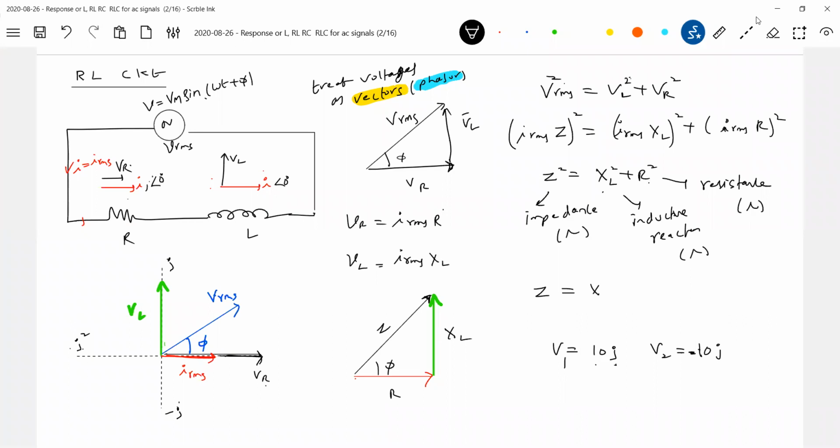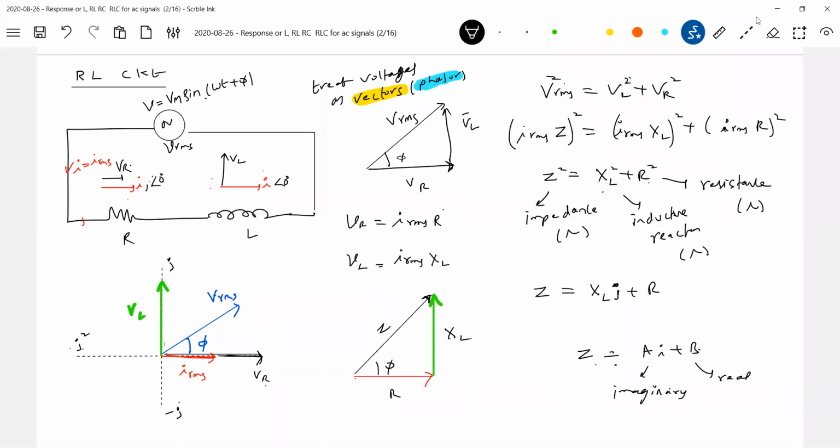Here if I write it, this will be XL J plus R. There I think you use the symbol I. So in complex numbers, what do you mean by Z equal to AI plus B? We say this is imaginary, this is real, no? What do you mean by imaginary?